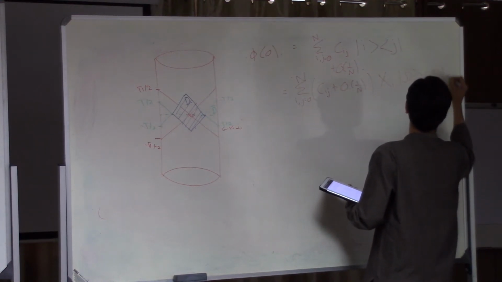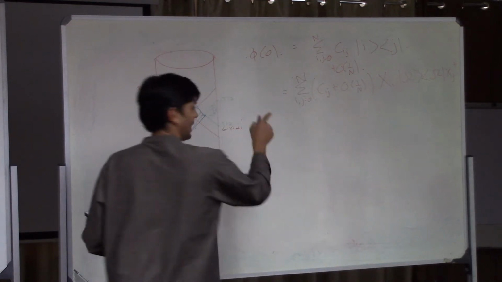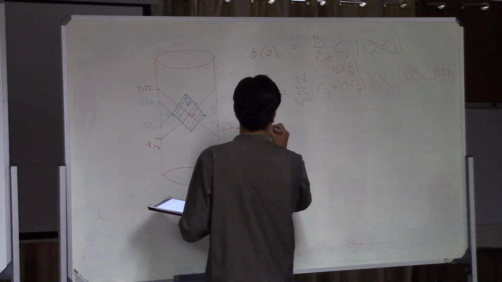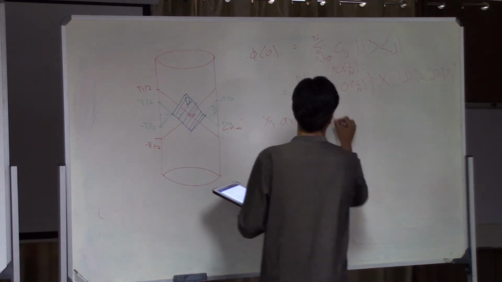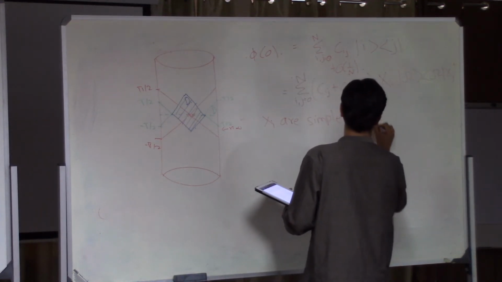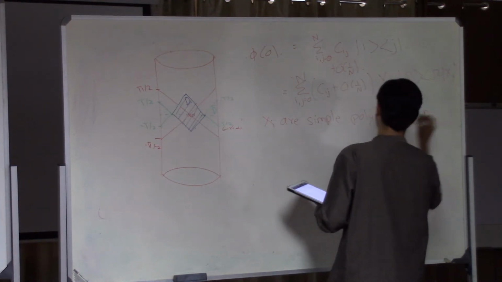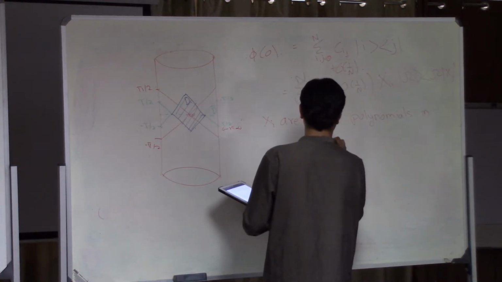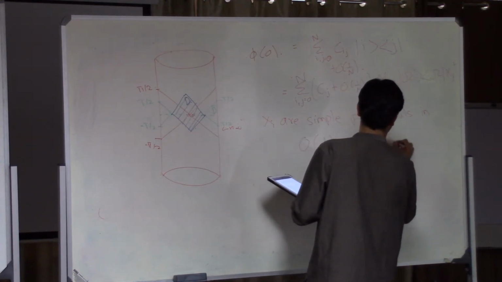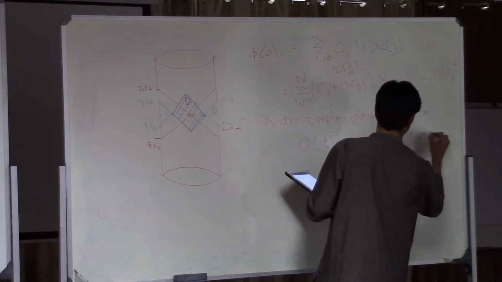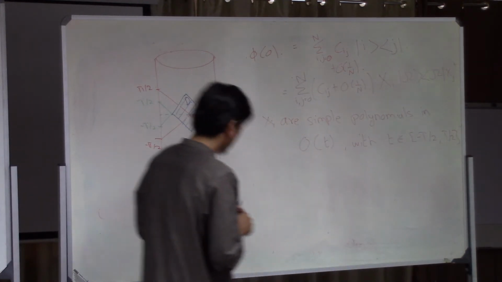These xi's and x datas are simple polynomials in O of E. So far what we've achieved is the following.